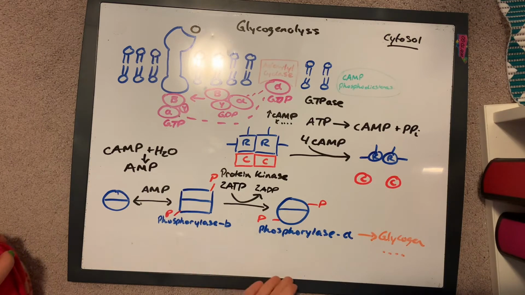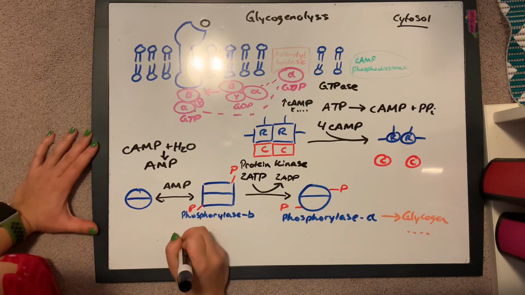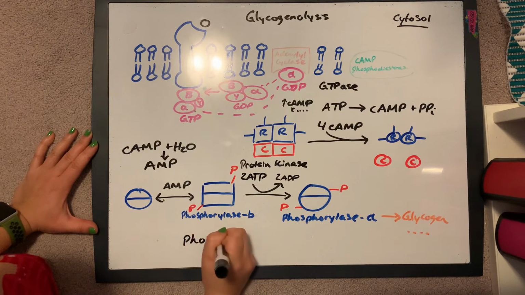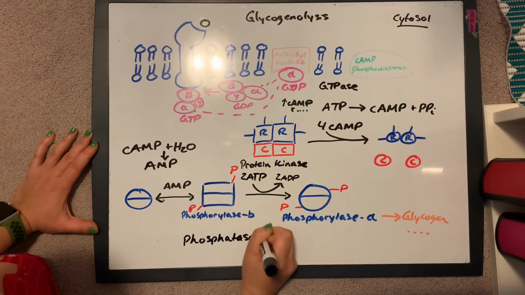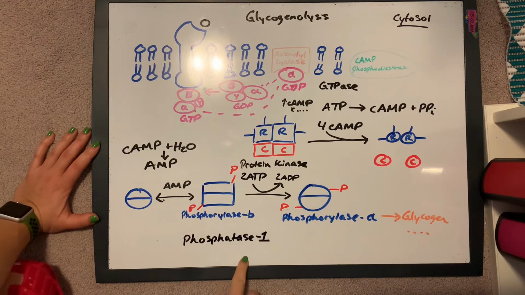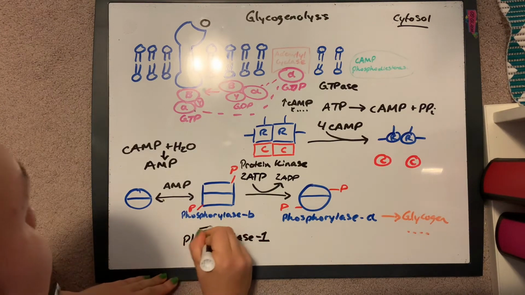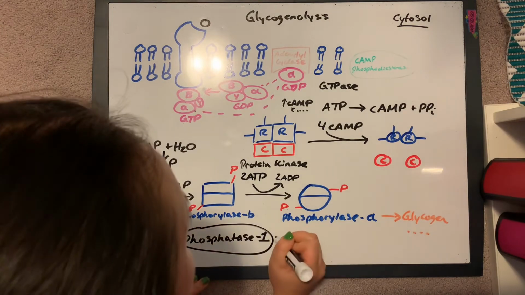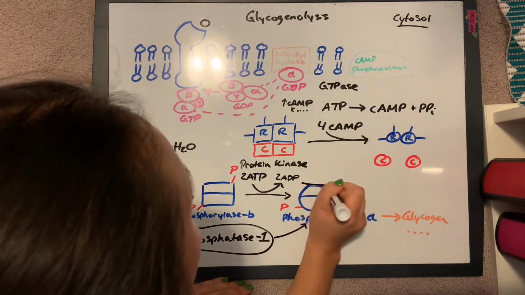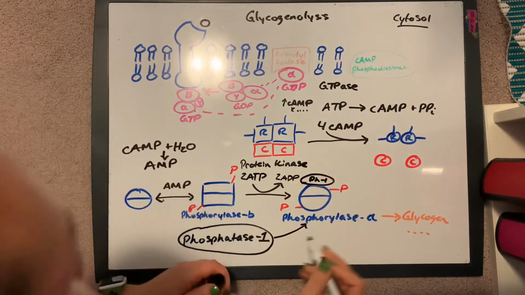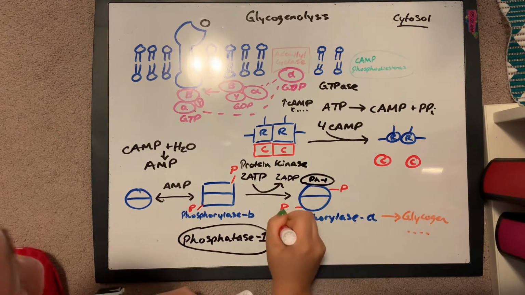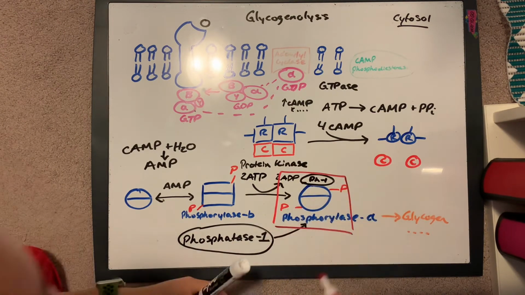So what are our controls going to be? We have a phosphatase. Let me write that down. Phosphatase 1. Phosphatase 1 can bind to phosphorylase A and inactivate it. So when this happens, the phosphatase 1, let's just circle that, will bind here, and then it makes this now inactive complex.